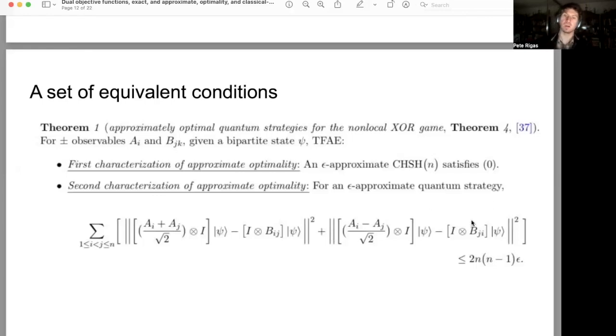We're looking also at a way to interchange the order in which certain observables from Alice appear in the superposition for the first term that's appearing with the tensor product with the identity operator, and subtracting off instead a tensor observable corresponding to Bob's responses to the referee, but instead with the indices JI instead of IJ.